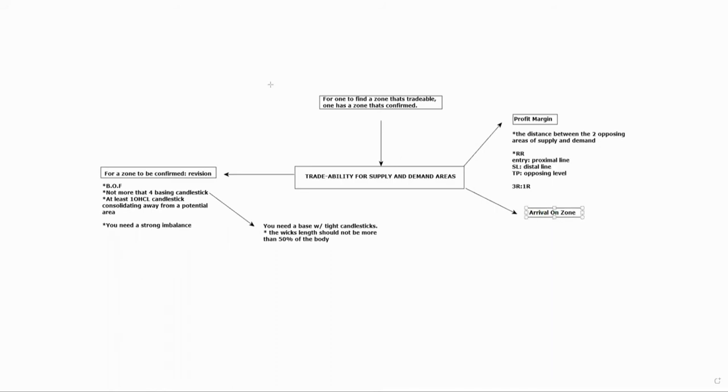On this arrival, we only take trades if the market retests your area of supply and demand with a strong candlestick.